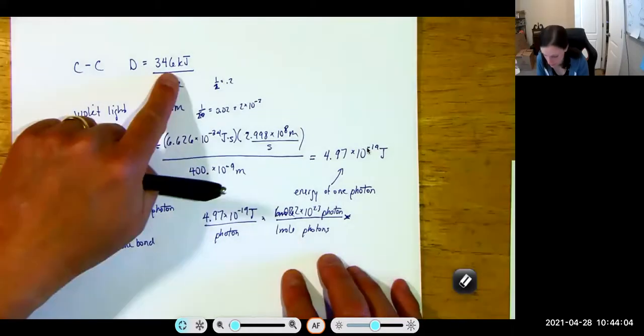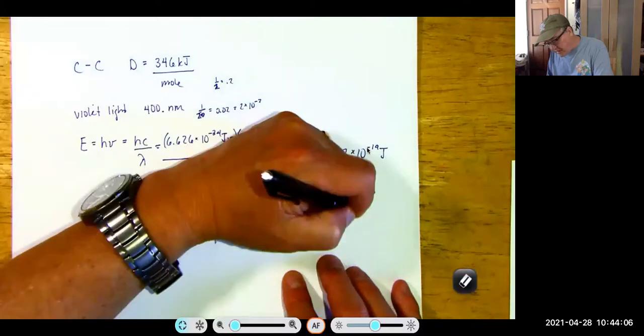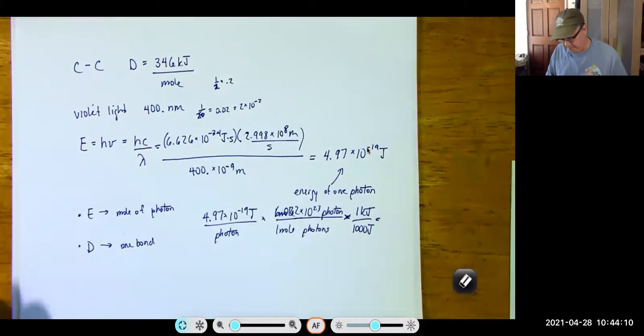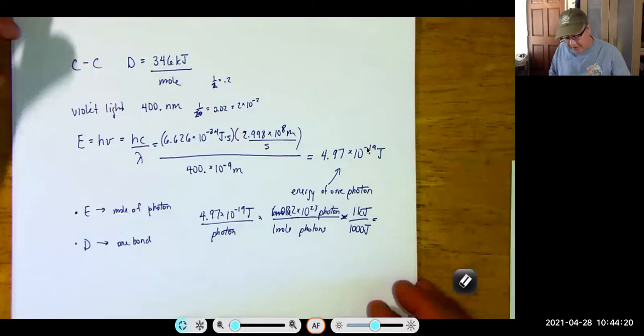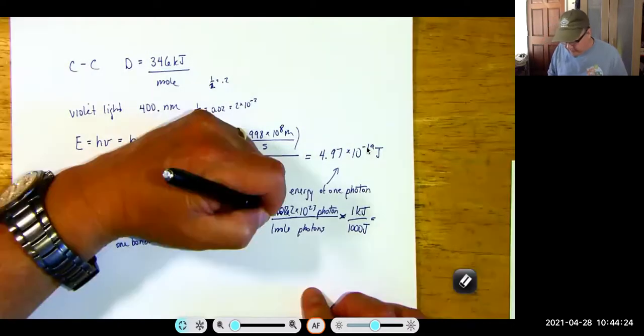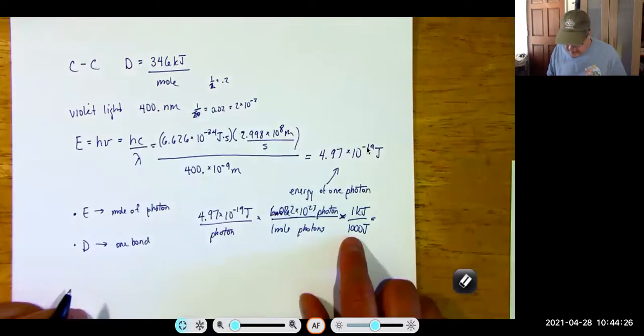So we're going to multiply by 1 kilojoule over 1,000 joules to see what we get. Now I can tell you already that this number is going to be close to that number up above.